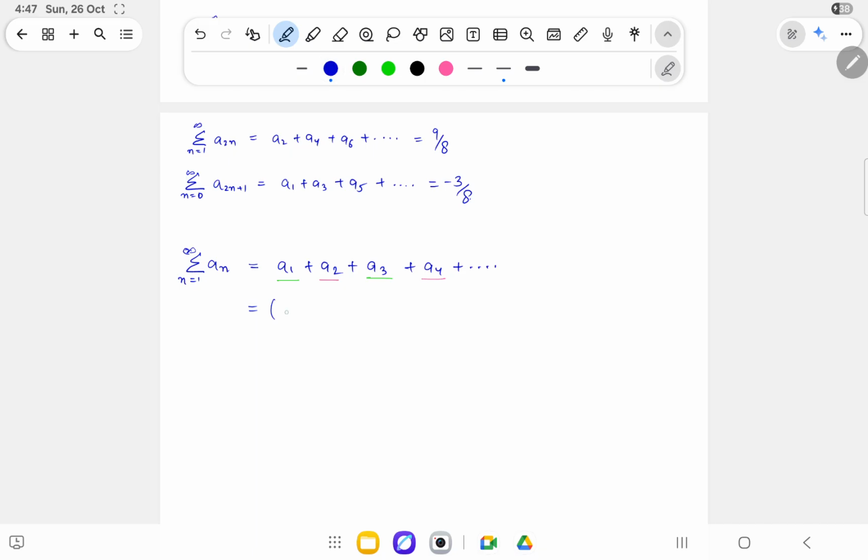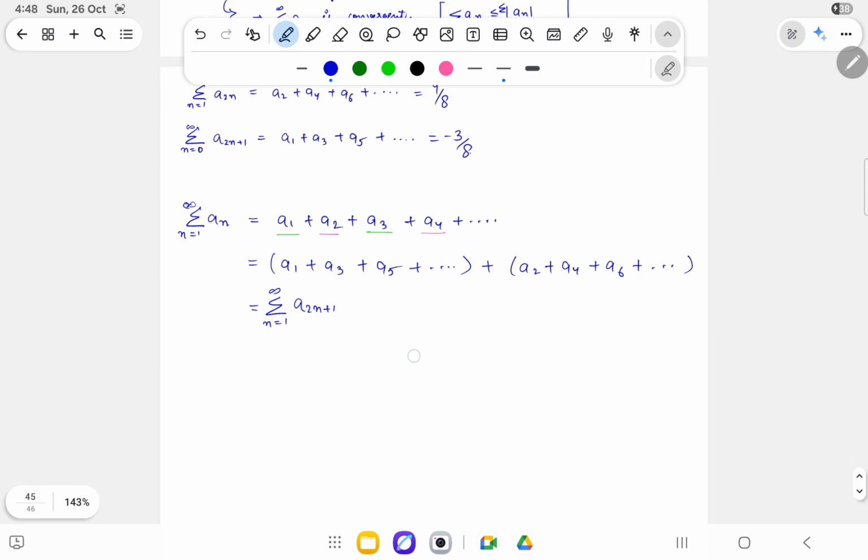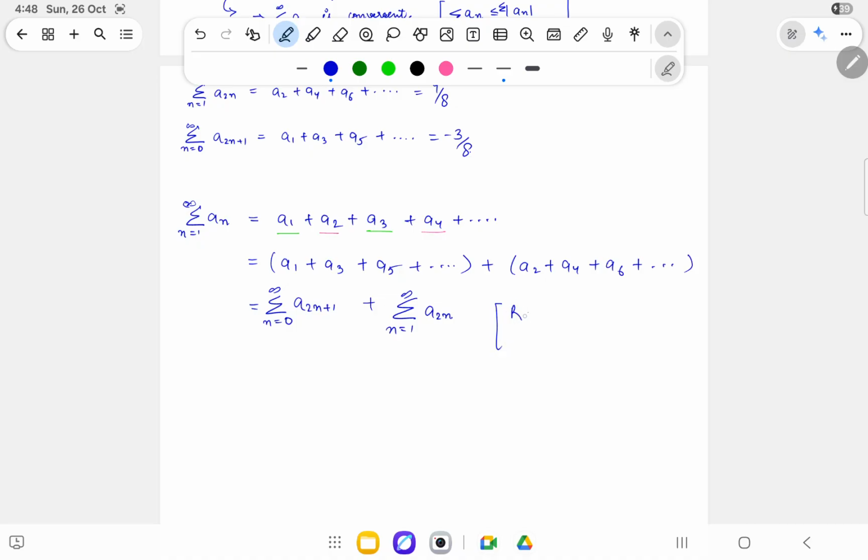If I club the terms, it will be a1 plus a3 plus a5 and so on, plus a2 plus a4 plus a6 and so on. So I can write it as summation n equals 0 to infinity a2n plus 1, plus summation n equals 1 to infinity a2n, and I am able to write it because of the Riemann rearrangement theorem.